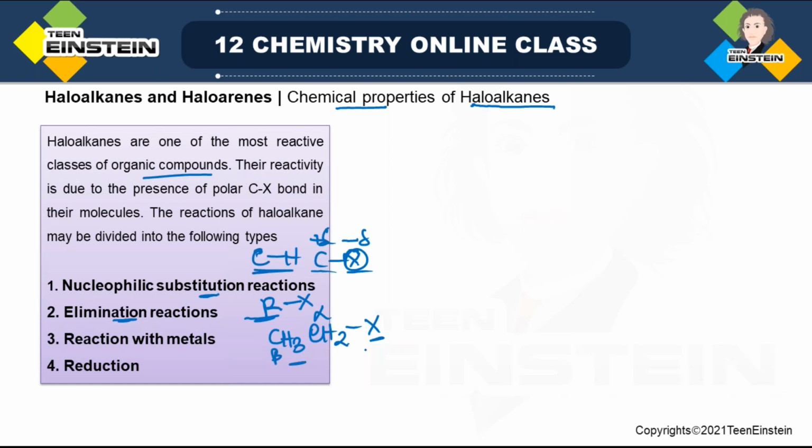So if beta hydrogen and X are removed, you will get a C=C double bond. So this is actually the elimination of HX. This type of reaction is also possible. Why are we calling it elimination? Because you are eliminating H and X. And why is the first one substitution? Because from C-X you will get C-Nu, that is carbon nucleophile.